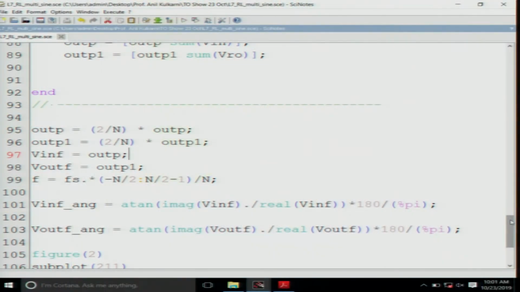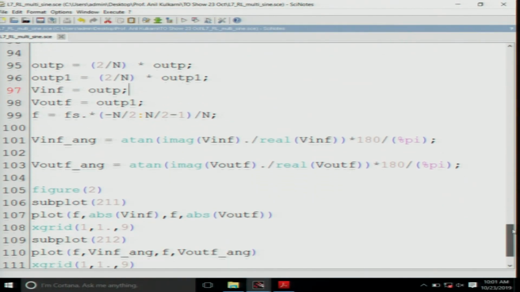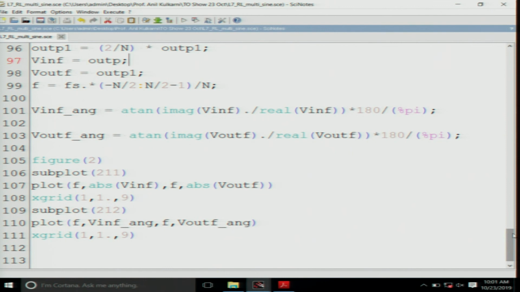The same thing you can do for the input and output, and then take the ratio. In that case, you will get a transfer function. So, in fact, that is what is shown here in this program. You can see what is given there, and then it can be plotted.